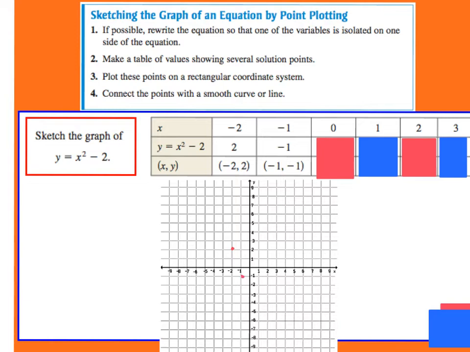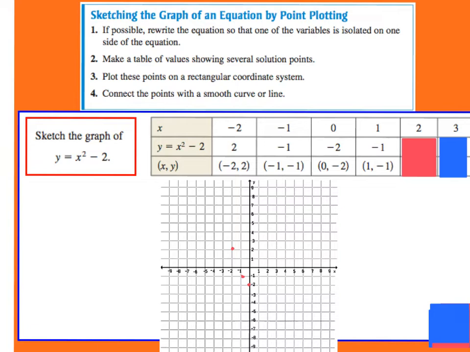So then, if I substitute in 0, what's my y value, Maddie? -2. And then if I substitute in 1, what's my y value? Max, do you know? 0. 1 squared is 1, 1 minus 2 is -1. Good job.